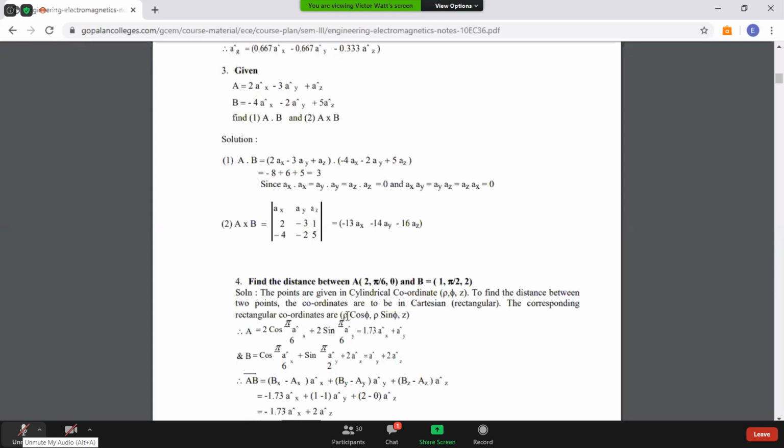So don't get confused by that. So rho, your angle phi, and your distance Z. So rho, phi, Z is the same thing as R, phi, Z.